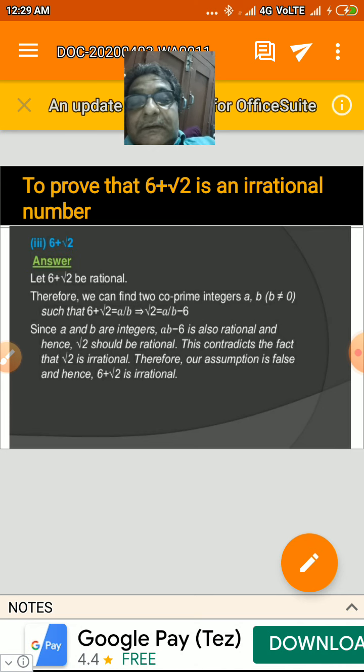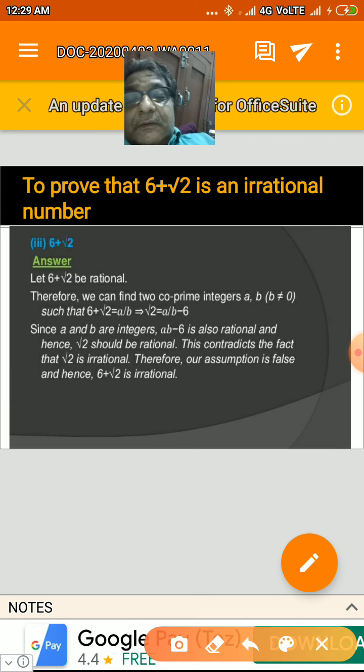So this is a contradiction, because we have already proved that root 2 is not rational, it is irrational. So we can say here that LHS and RHS are not equal. So this is a contradiction to our supposition. This implies that our supposition is wrong.